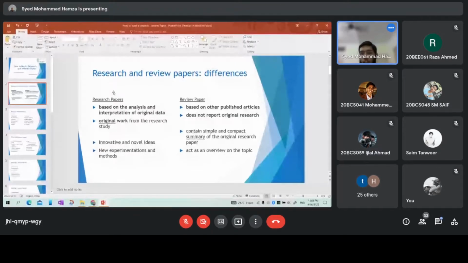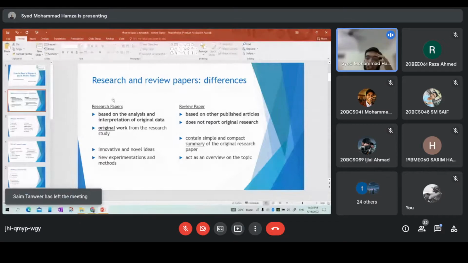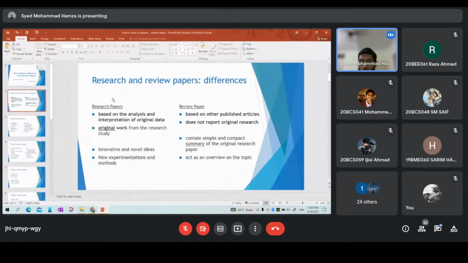On the other hand, review papers are based on other published articles. The same research paper we have read, for example, may be part of a review paper. So it is based on published articles, and it doesn't generally report original research. That is very obvious, and it contains a simple and compact summary of original research papers.